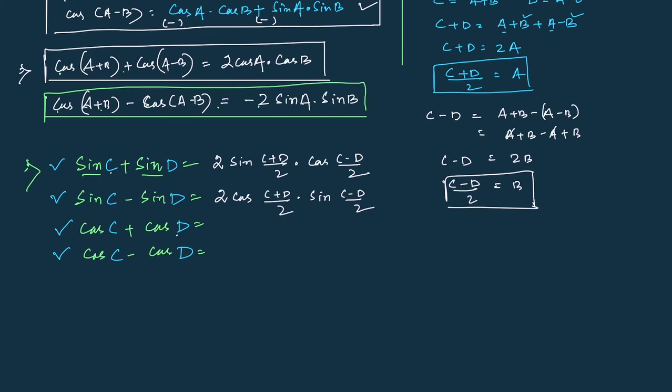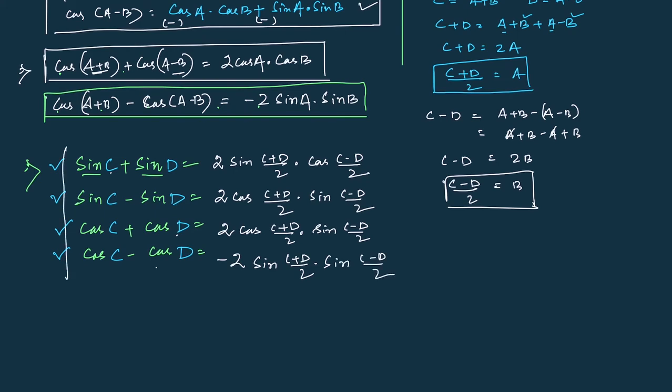Cos c plus cos d is 2 into cos of c plus d by 2 into cos of c minus d by 2. Then cos c minus cos d will be minus 2 into sin of c plus d by 2 into sin of c minus d by 2.